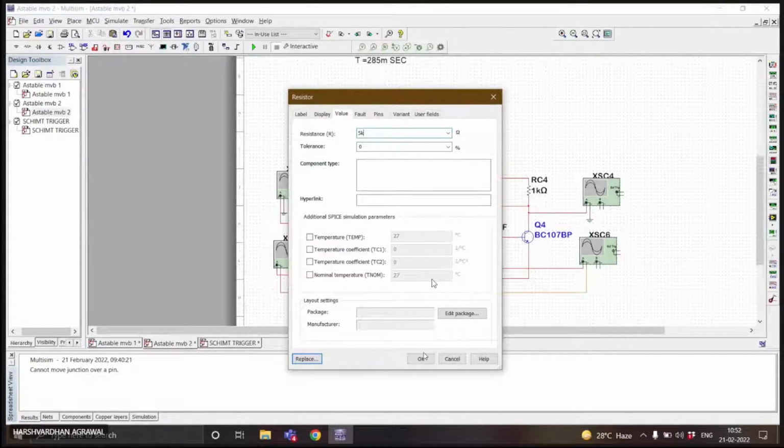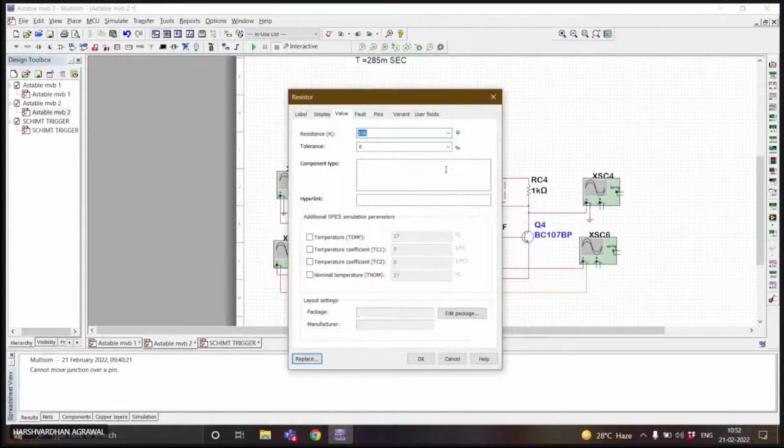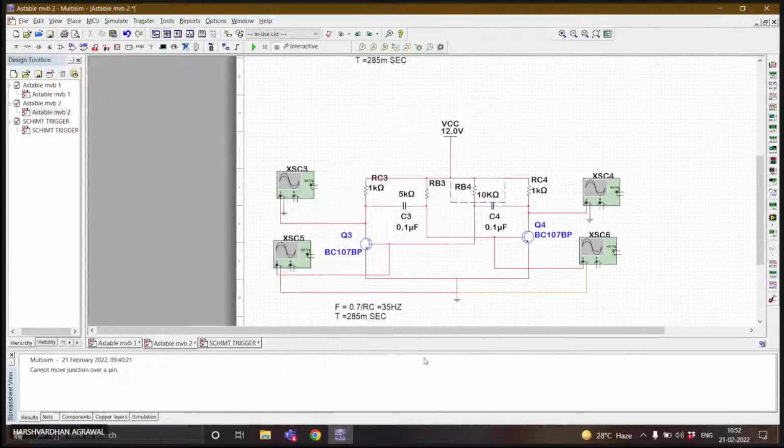No, where is it written? Ma'am, I have done it from 10,000 to 5,000. RB1 and RB2, ma'am, here. Okay. Take it like 2 kilo ohms. Yes, ma'am.